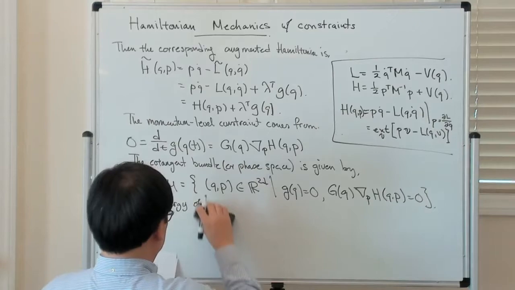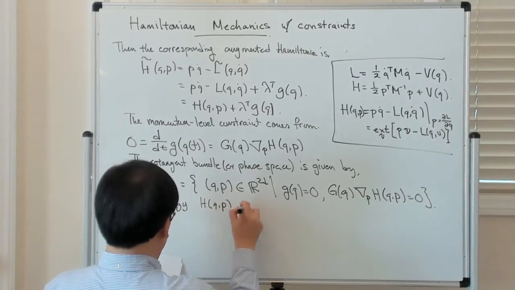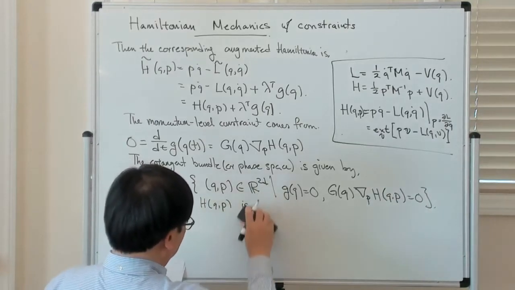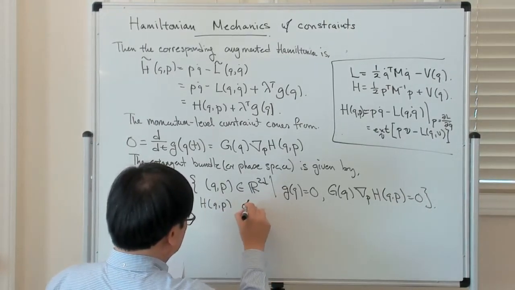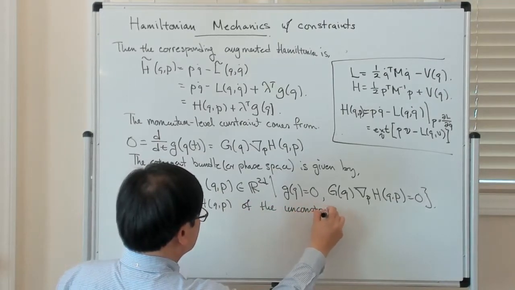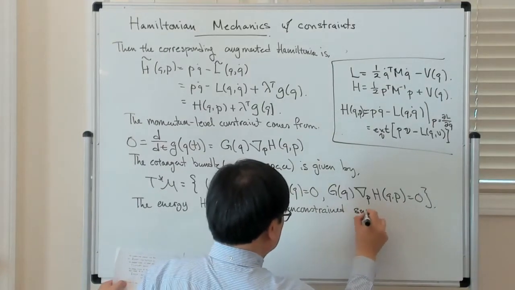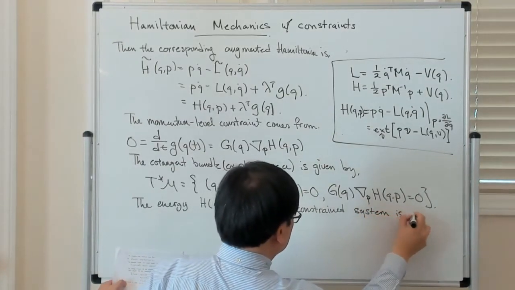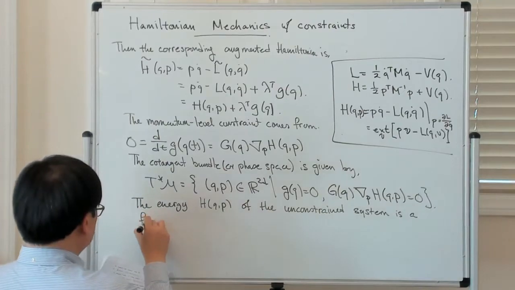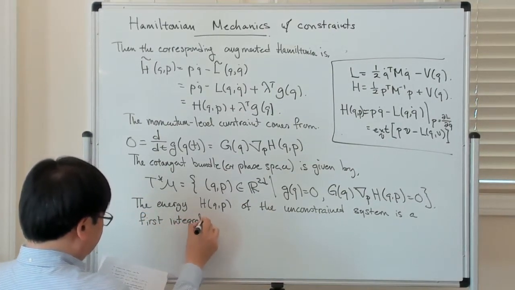The energy H of q, p of the unconstrained system, as a first integral of the constrained Hamiltonian system.